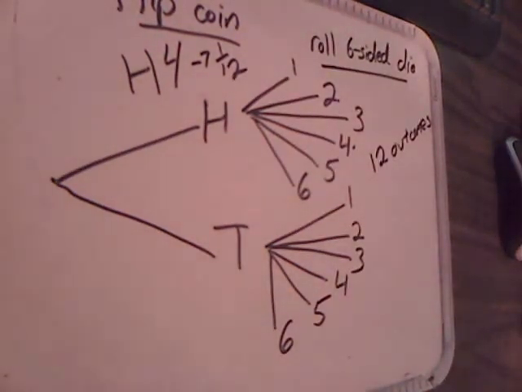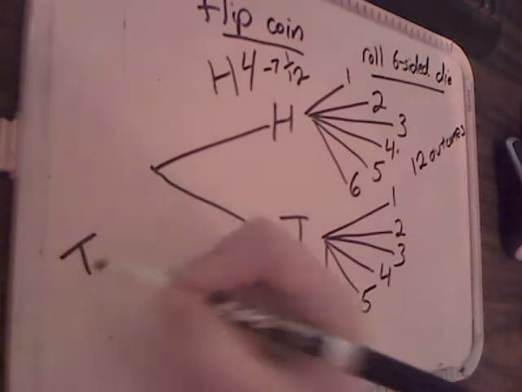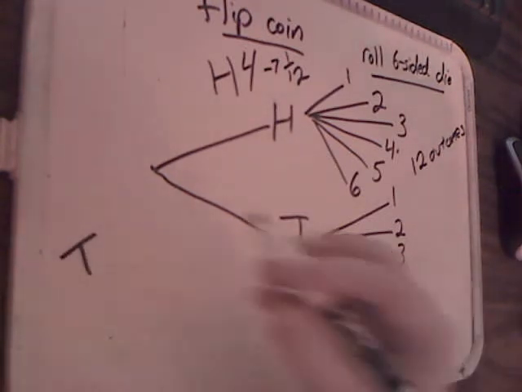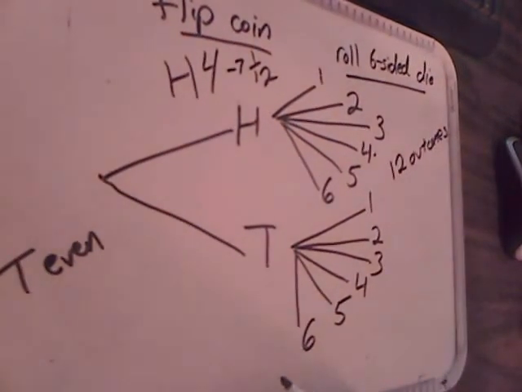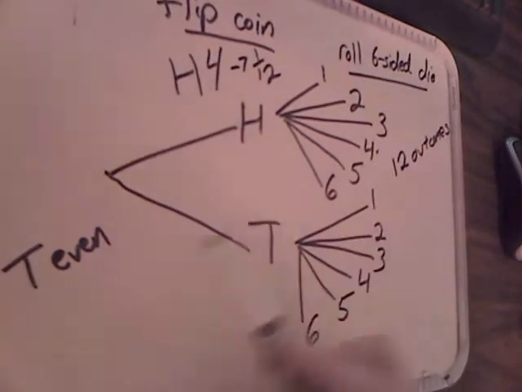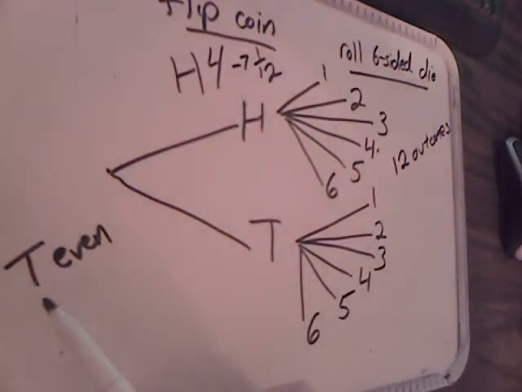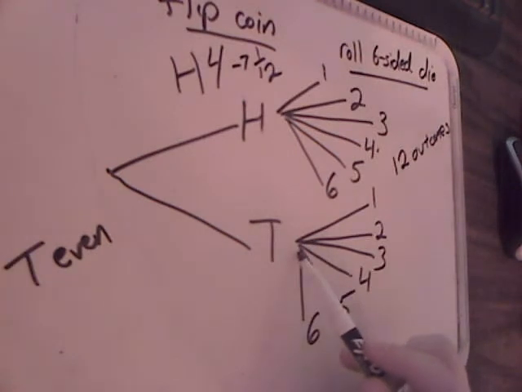So that heads 4 has a 1 in 12 probability. But what if I wanted to flip a coin and get tails and then have an even number when I roll my six-sided die? None of these options count anymore because I want to know what happens when I flip a coin and land on tails. So I'm only looking at this part of the tree.